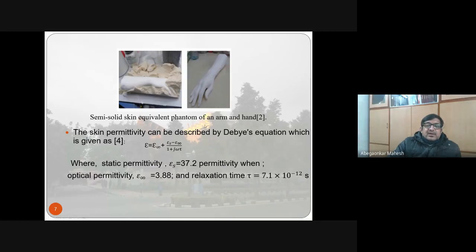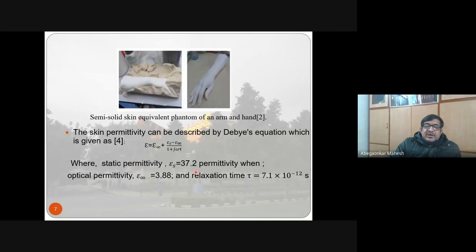Right? The skin permittivity. So when we say the parameters should be similar to human body parameters, one of the first things that comes to mind is the permittivity. And this skin permittivity you can describe using the Debye equation. So this is epsilon equal to epsilon at infinity plus epsilon static, ES, minus epsilon infinity, divided by 1 plus j omega tau.